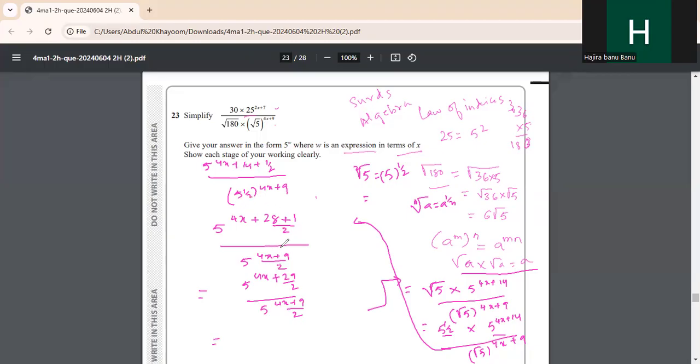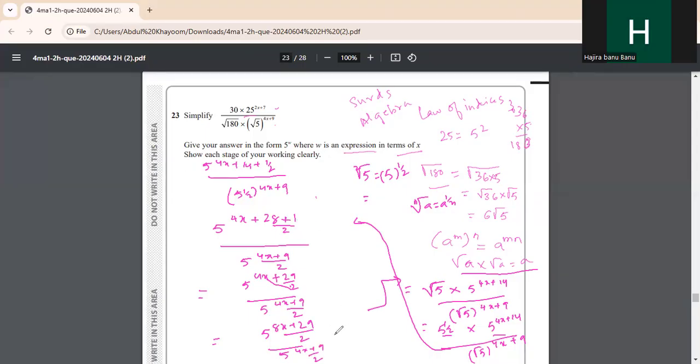Now here I can multiply to bring 2 in whole division. So 5 power 8x plus 29 whole divided by 2 divided by 5 power 4x plus 9 by 2.